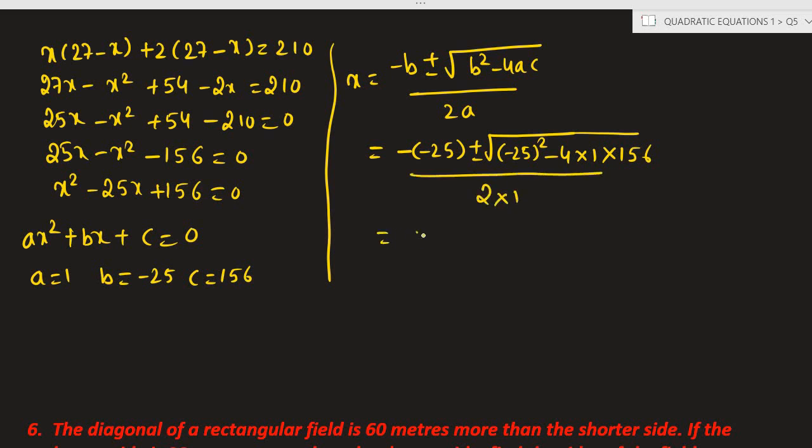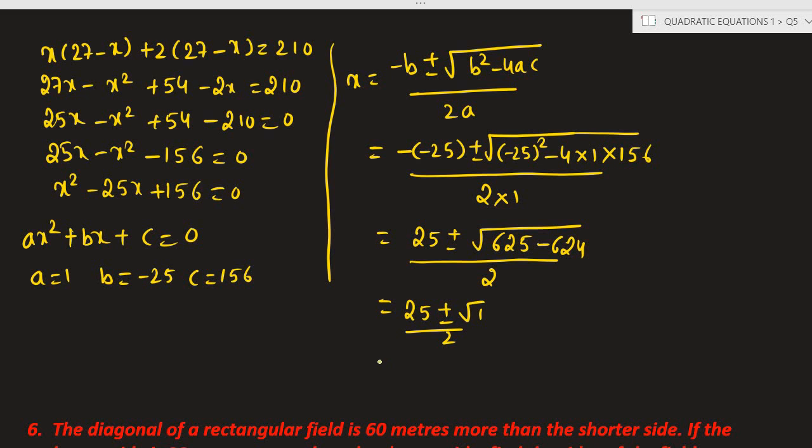So this is 25 plus or minus root 625 minus 4 into 156, which is 624, whole divided by 2. Therefore it becomes 25 plus or minus root 1 whole divided by 2. We know that root 1 is 1.